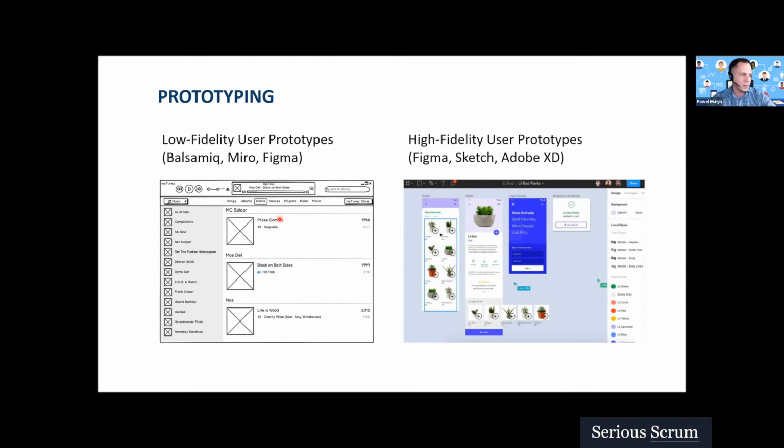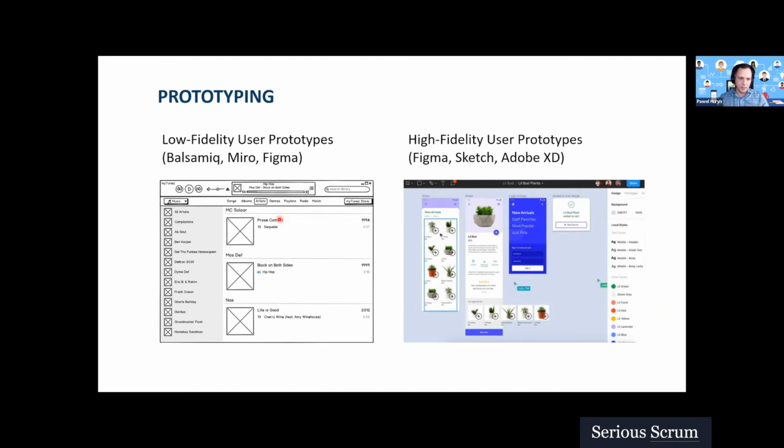This is very fast to do. It doesn't have many details like colors, like exact layout, but you can do it in 1 hour, maybe in 2-3 hours. You can modify it during talking with the customers or during the meeting. It's extremely fast, and it allows us to validate and test different ideas, different hypotheses really fast.